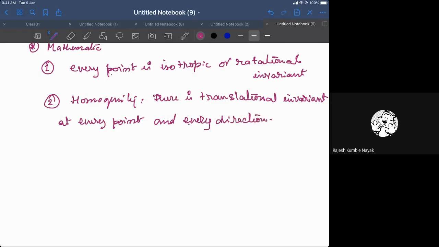Of course, it is possible to show that isotropy at every point corresponds to this. One has to go through enough mathematics for that. It is generally based on the space-time symmetry, but we will not go into detail.